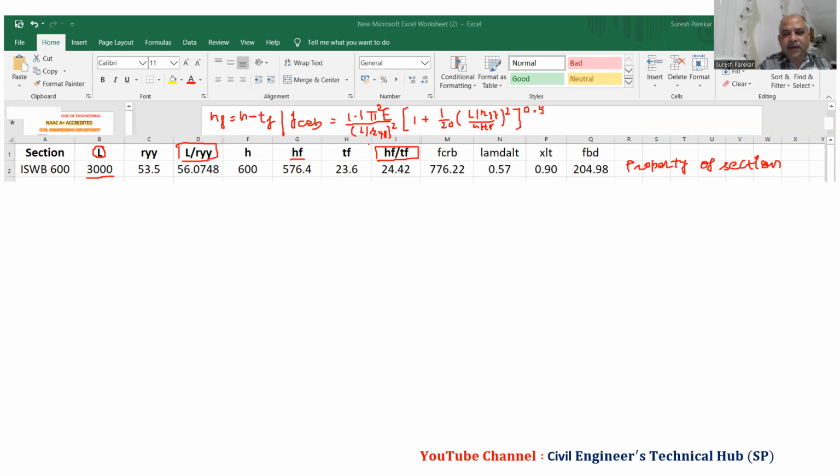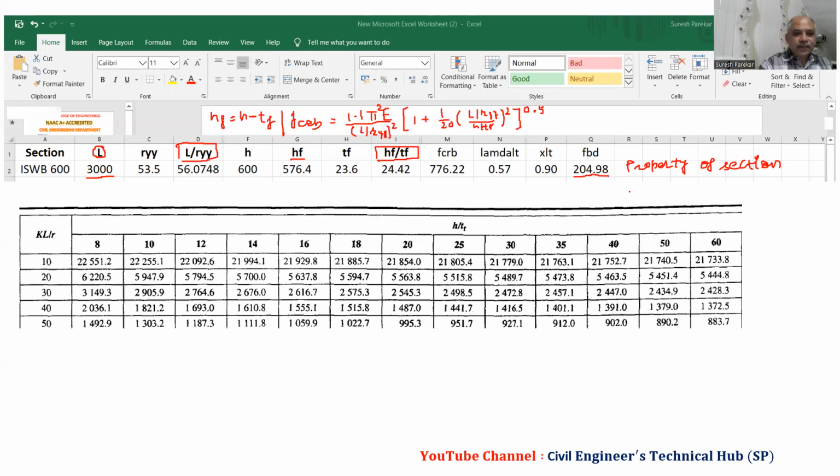From this we get the value of fcrb. Then lambda LT we calculate as under root of Fy upon fcrb, and then chi LT, and from this we get FBD. For 3000 mm we have an FBD value of 204.98 for ISWB 600.